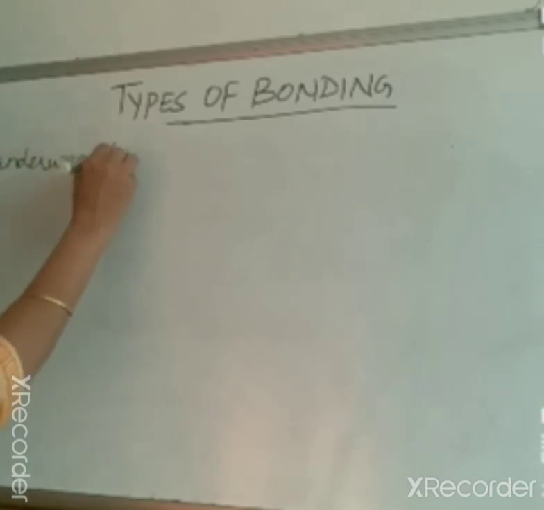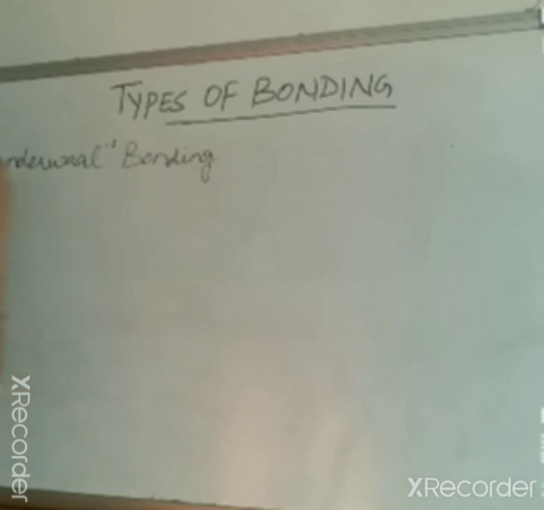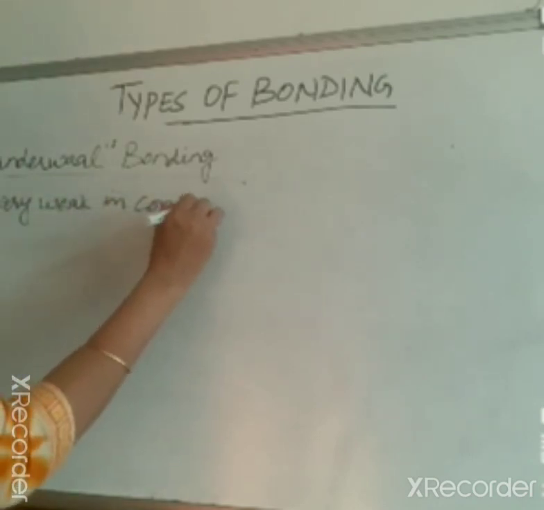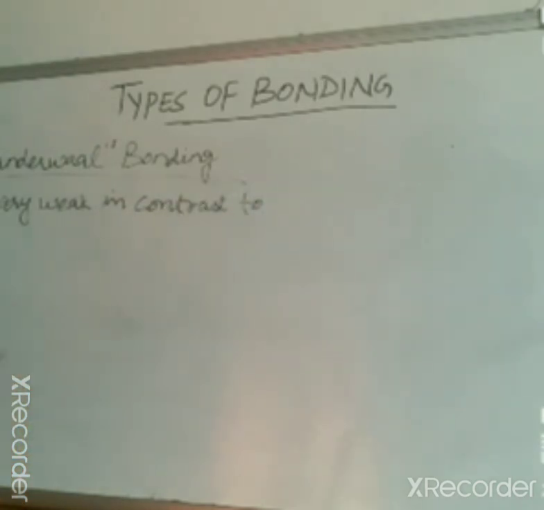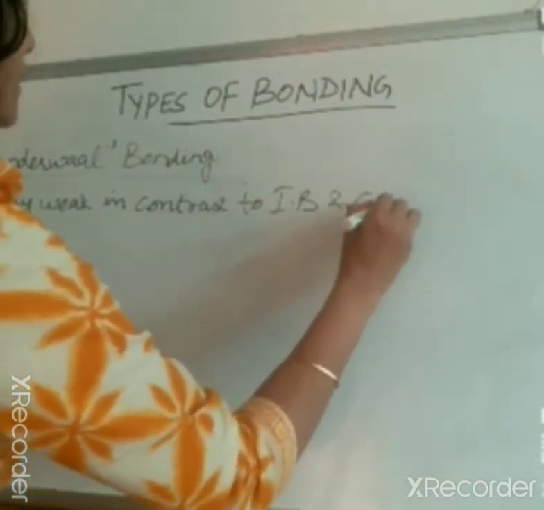Van der Waals bonding is a kind of bonding which is very weak in contrast to ionic bond and covalent bonding.